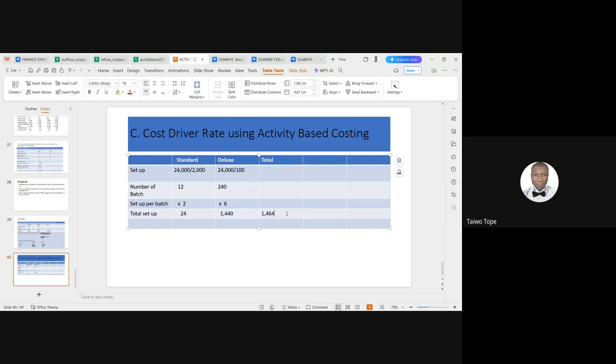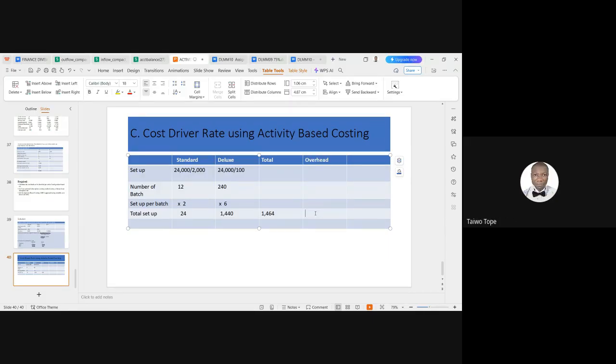Fine. So now, the cost driver rate for one setup will be what? How much will you pay for one setup? If the total number of setup is this, based on the overhead, how much is allocated for setup from the overhead? 585,600. Fine.